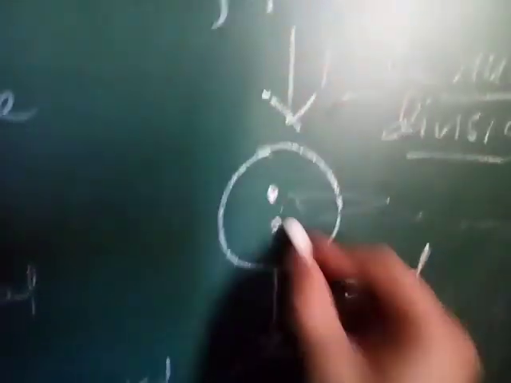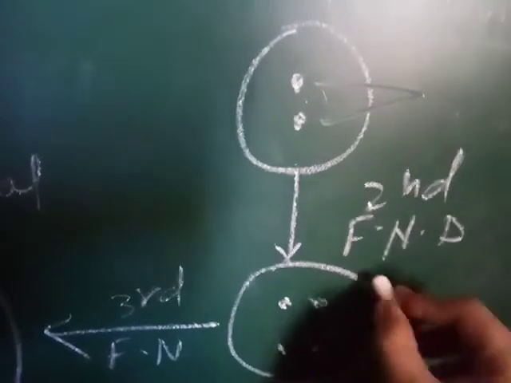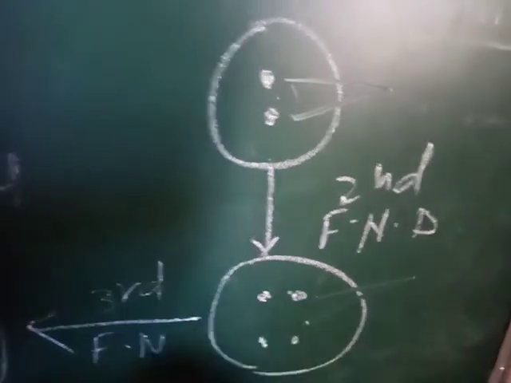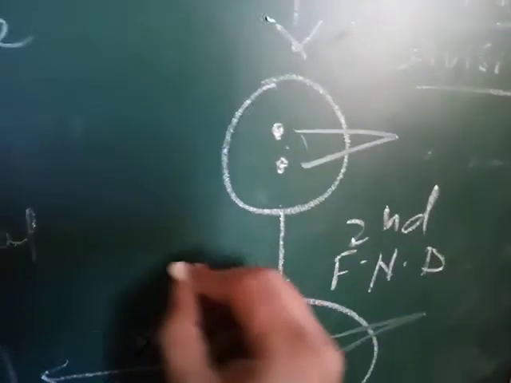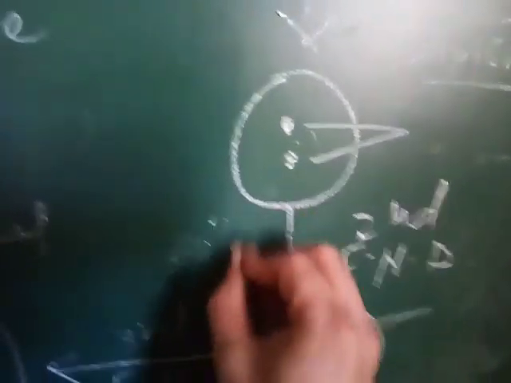It undergoes 3 mitotic divisions, or free nuclear divisions. In the first nuclear division, one haploid nucleus produces 2 haploid nuclei, and these 2 haploid nuclei form 4 haploid nuclei by the second free nuclear division, or second mitosis.